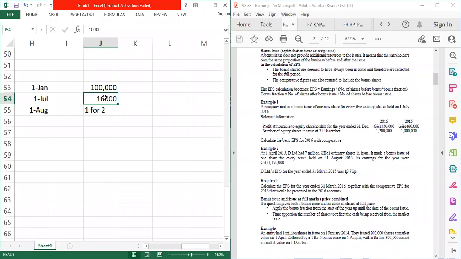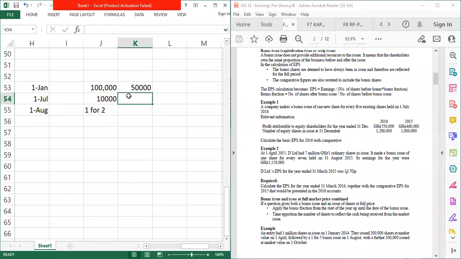Because these shares were not from the past. They started from July. So what will happen is that we are going to have 50,000 as a bonus issue for January 1, because that has been there since.